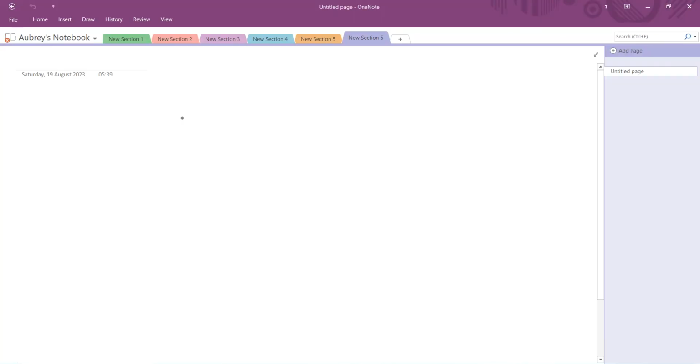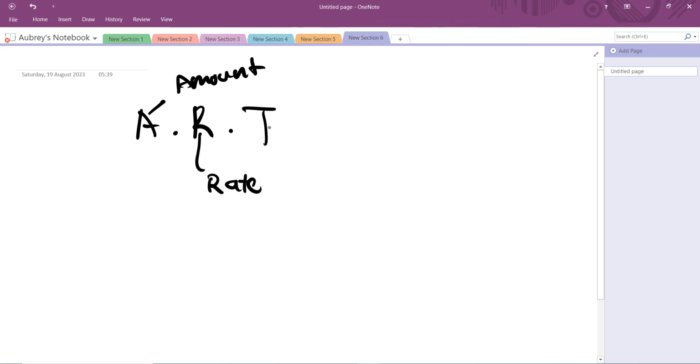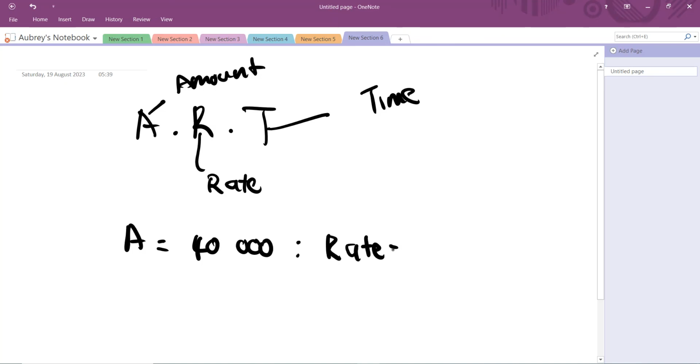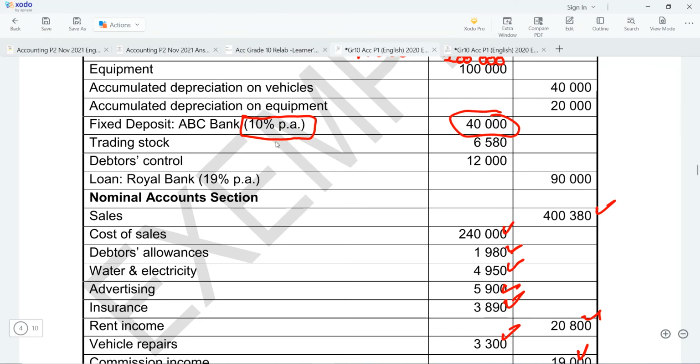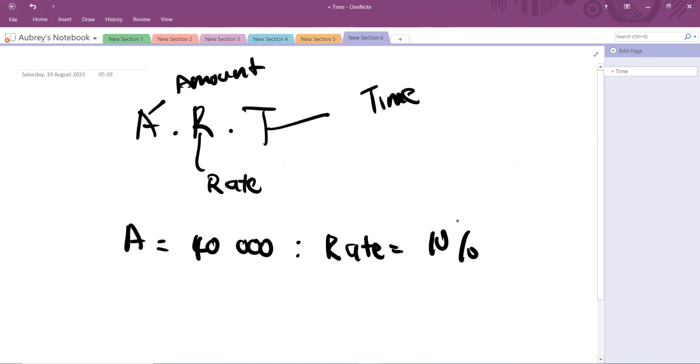ART says that A is for the amount, okay, and R is for the rate, and then T is for the time. So in that case, our amount is equal to 40,000, and then our rate is equal to, let's check what we are given here, 10%.